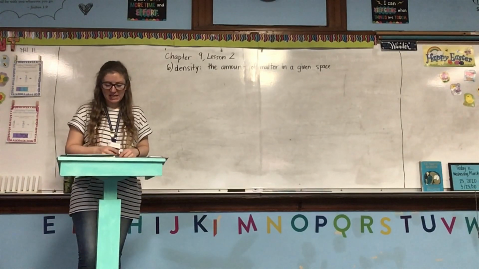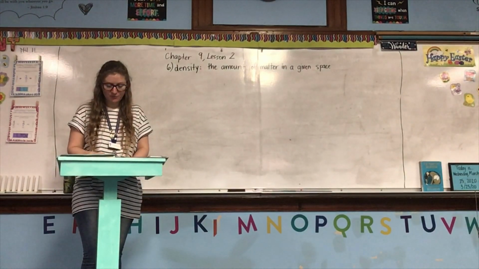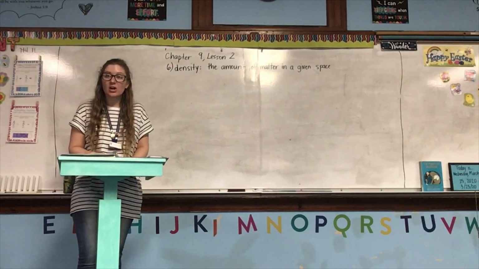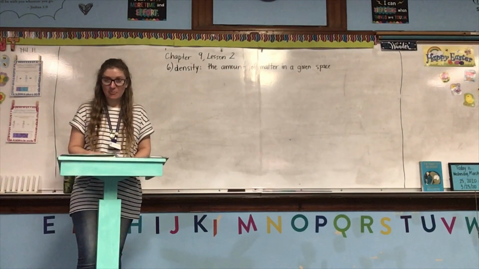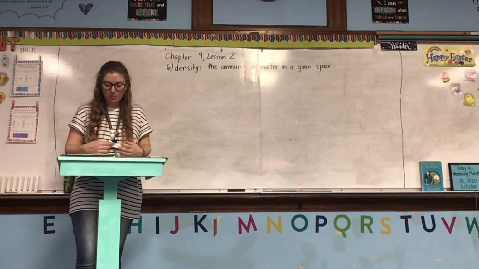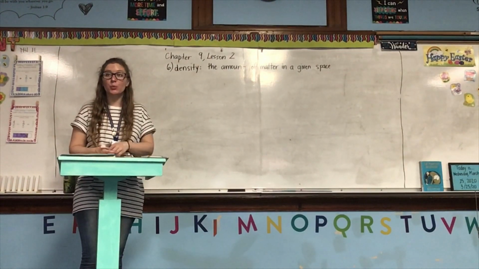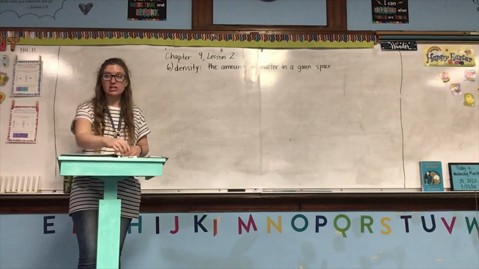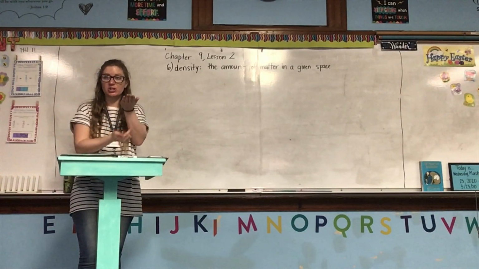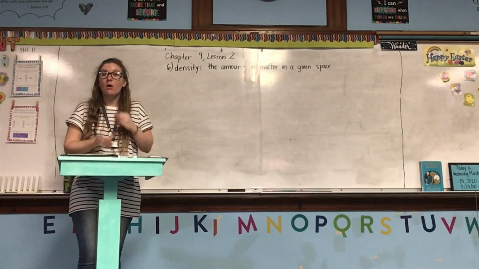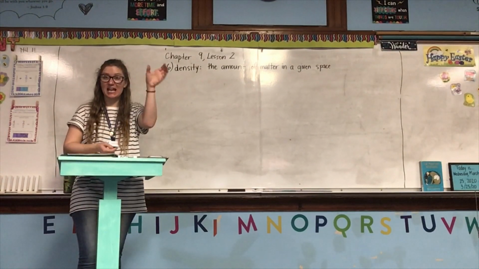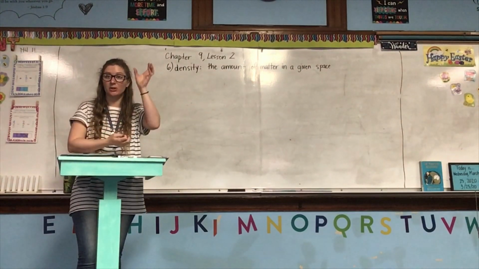Now let's look at the next page, density and buoyancy. The density of an object also affects its buoyancy. Remember, buoyancy is the upward force of a liquid or gas on another object. So buoyancy is how much the water is able to push on the bottom of that boat, or how much the air is able to push on that balloon.